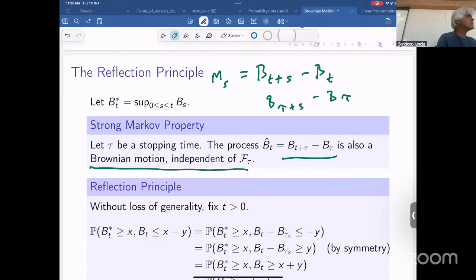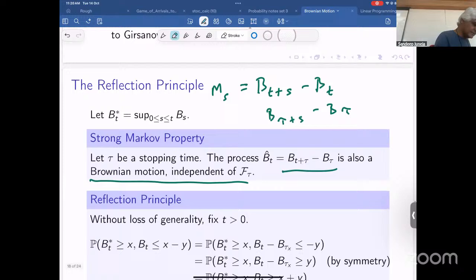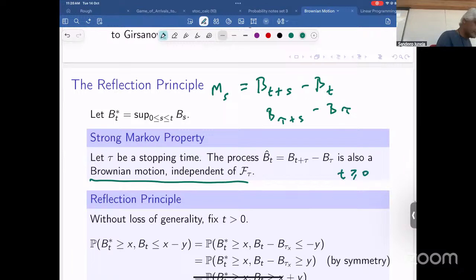We don't care if t is less than or equal to tau or anything. Where does t come in? T plus tau, in this expression here? Yes, t is non-negative. But is it after tau or before tau? That's the question. T plus tau is after tau if t is non-negative.